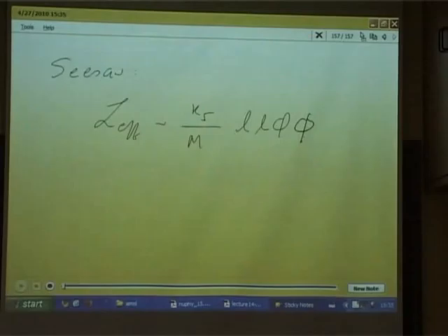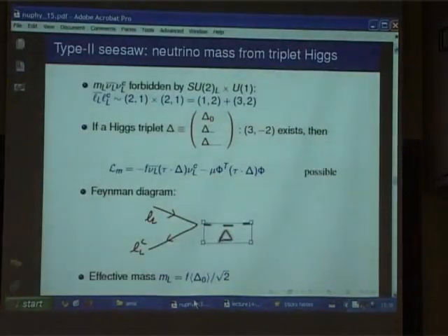We will come to other possibilities. For example, I don't have a singlet. So try that and you will see that it doesn't give a mass. Here, for example, this was 1, 2 plus 3, 2. We added this 3 minus 2 and we got something. We could also add 1 minus 2. So go ahead and have something which is called x, make an L bar L C x kind of term and see what it gives.